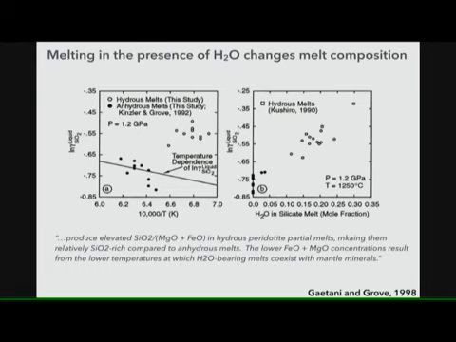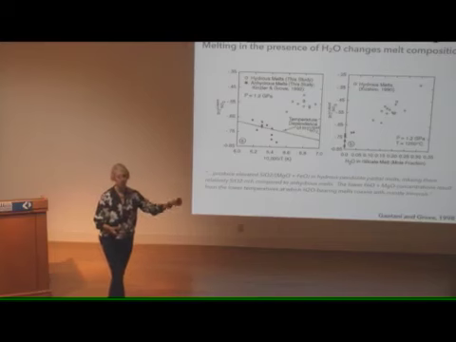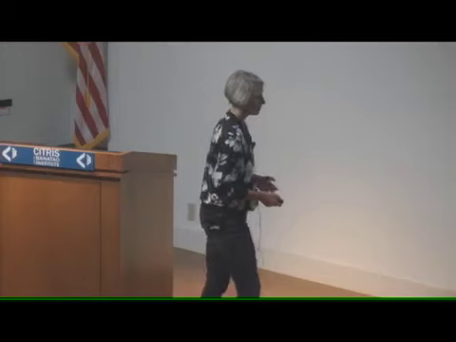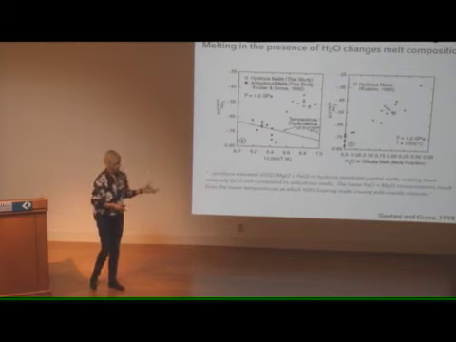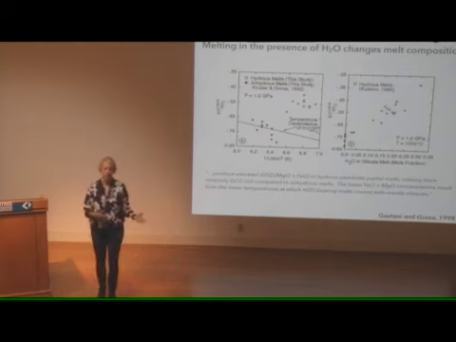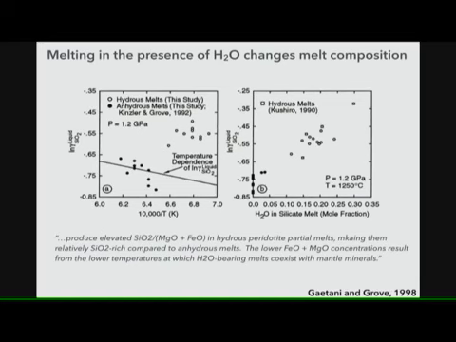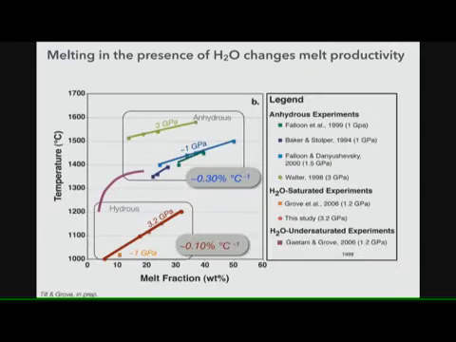What's really happening is we're lowering the iron and magnesium content of the wet melts, because how much of them goes into the melt is a strong function of temperature. Because the wet melts are generated at a lower temperature, they have less iron and magnesium in them. This is one of a family of many studies that have shown how compositions are shifted as a function of water content in mantle melting.